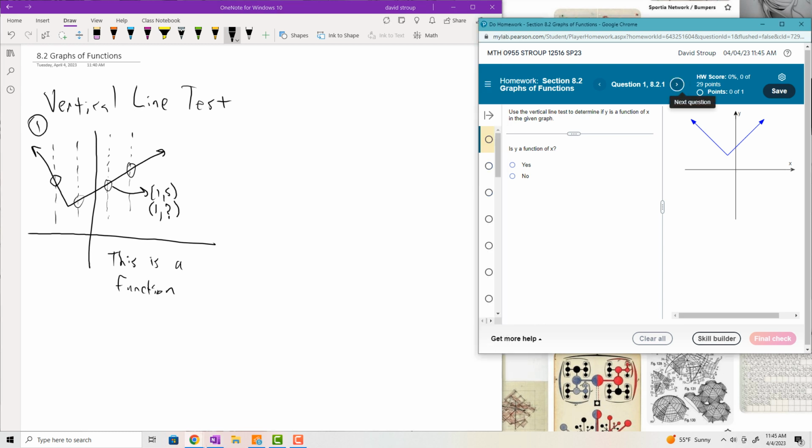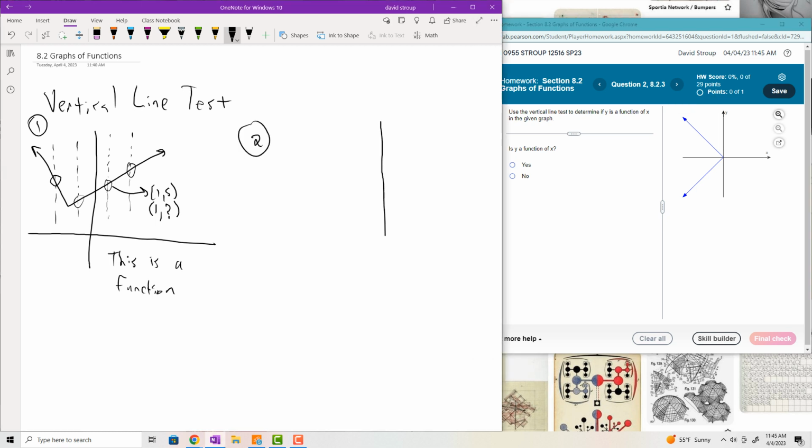Okay, so it's pretty easy to apply. Here, number 2, that's definitely not a function. Kind of looks like a greater than symbol. We'll be talking a lot about greater than or less than symbols later on here. So if you drop a vertical line right there, it hits it in 2 places, so you're done.